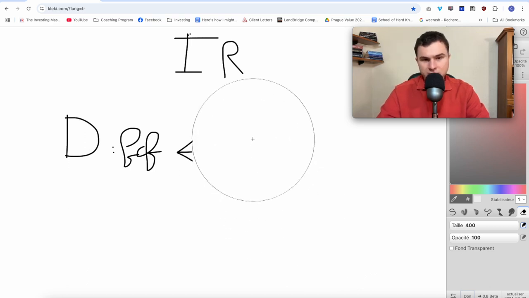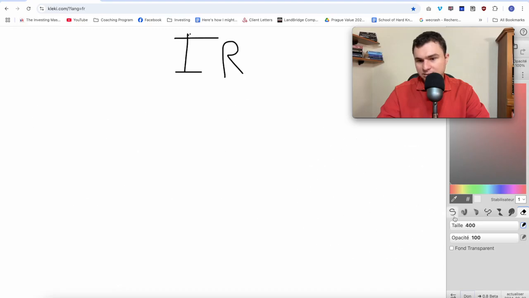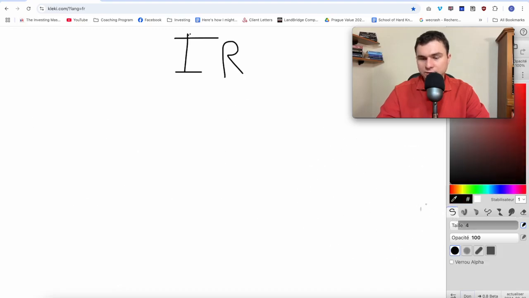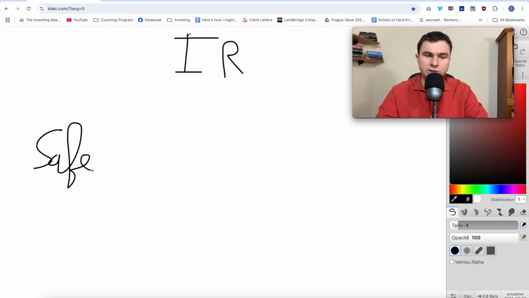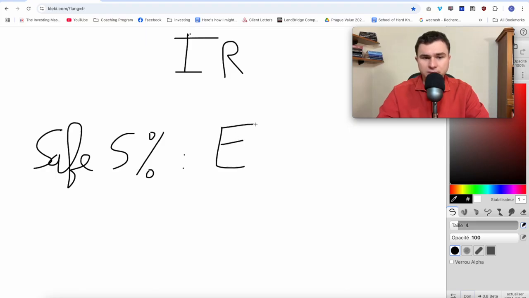And now, on a global basis, high interest rates are not good for stocks, because now you can get a safe 5% if the interest rates are 5%, and a lot of people will like a safe 5%. And you compare it with the earnings yield of stocks.